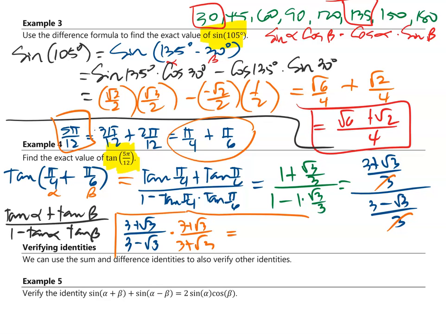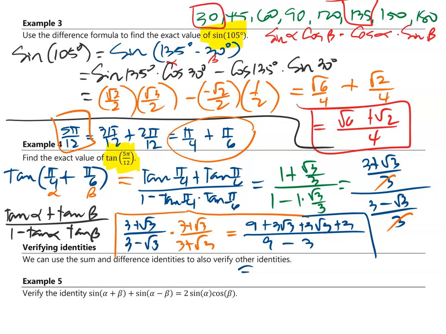And that is now equal to 3 times 3 is 9, 3 times square root of 3 is 3 square root of 3, another 3 square root of 3, and square root of 3 times square root of 3 is 3, all over 3 times 3 is 9 minus square root of 3 times square root of 3 is 3.